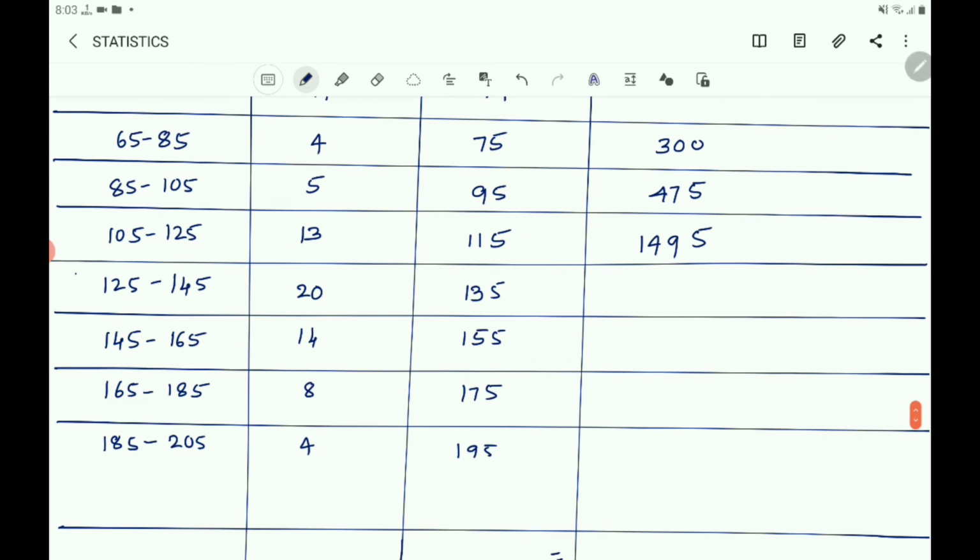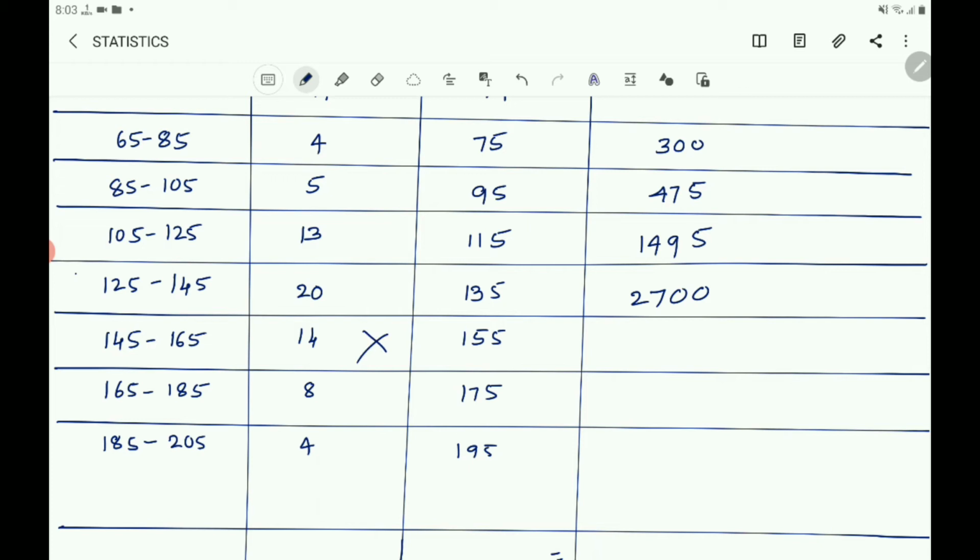Then next you take 20 into 135. 20 into 135, that you know. 2 5s are 10. Here you write 0. And 2 5s are 10, carry 1. Next 2 3s are 6 plus 1, 7. 2 1s are 2. You will get 2700. 135 2s are 270. 135 into 20 is 2700.